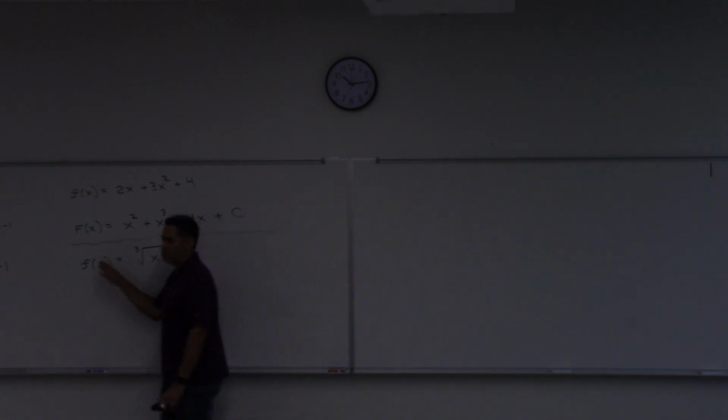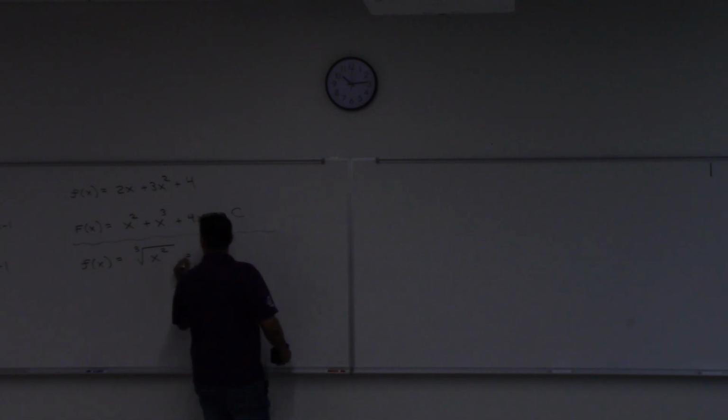But we do have this rule that allows us to take the antiderivative of x to any power. So what we're going to do first is rewrite this function as x to a power. Instead of using what kind of notation? What kind of notation is this called? Radical notation, or roots. We're going to convert it to the other notation we use, which is called rational exponents. So we're going to go from one to the other.